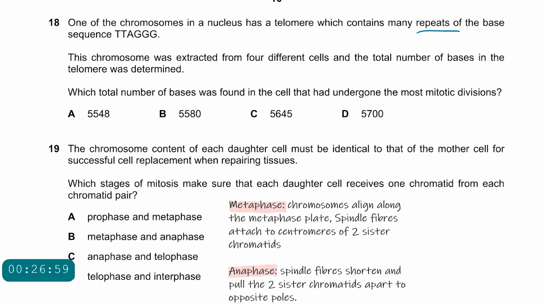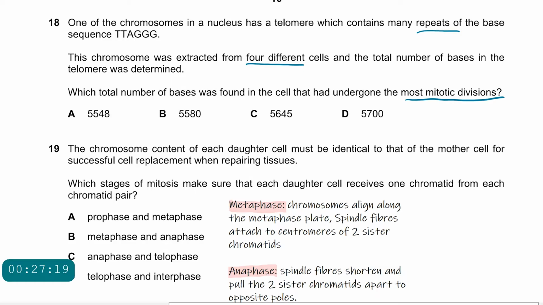Question 18. One of the chromosomes in a nucleus has a telomere which contains many repeats of the base sequence. This chromosome was extracted from 4 different cells and the total number of bases in the telomere were determined. Which total number of bases was found in the cell that has undergone the most mitotic divisions? So there's a general rule that we have to know.